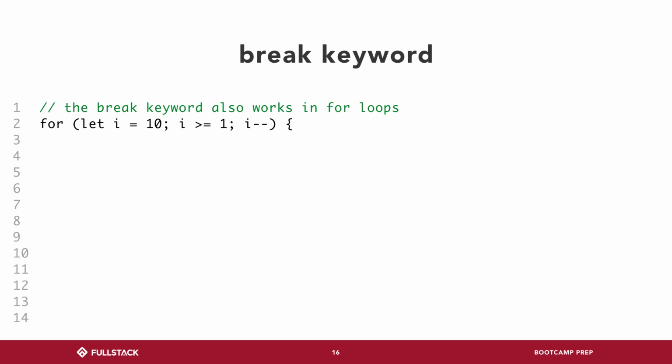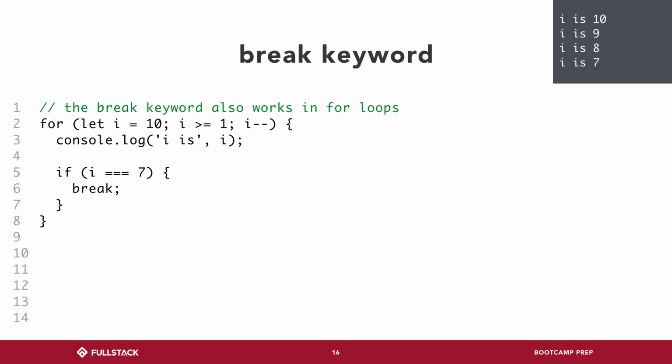The break keyword also works in for loops. So in this case, it looks like we wanted to loop from 10 down to 1, and we're going to decrement that number every single time. But for whatever reason, we actually want to stop when i is equal to 7. So rather than just write our for loop correctly, we wanted to demonstrate the break keyword here. So we're going to start with the number 10.